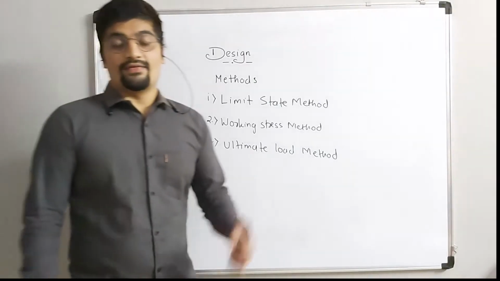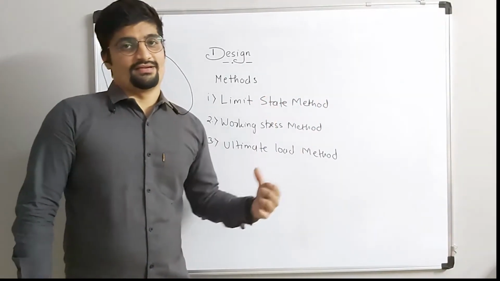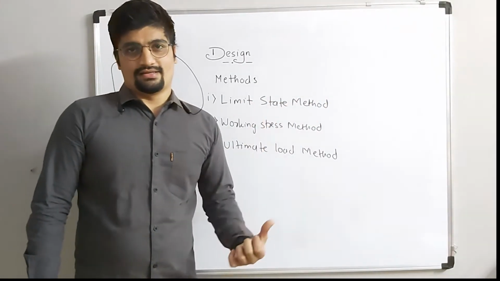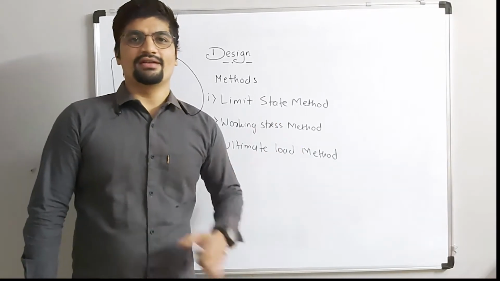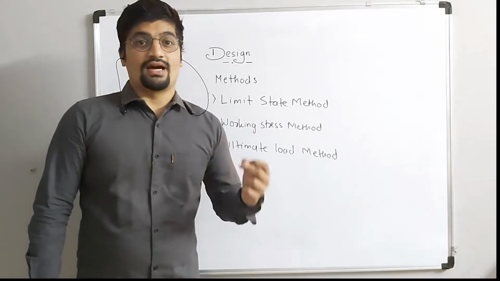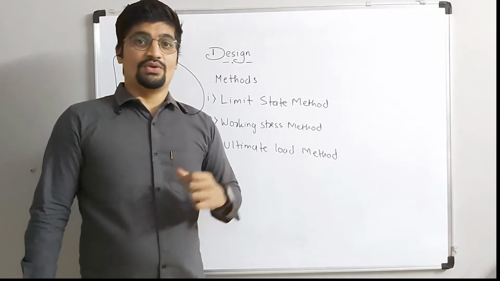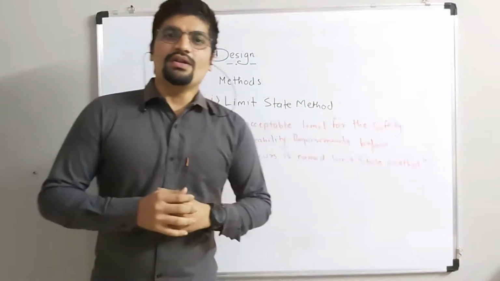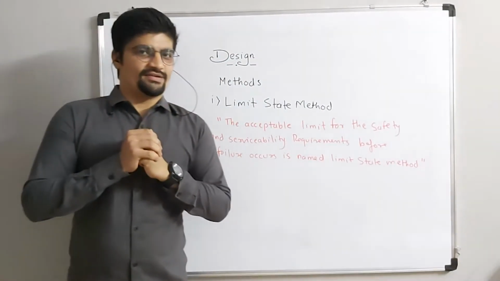After studying each method, we will select the appropriate one for our structure and we will start working on it. So, let me make you understand about the limit state method.